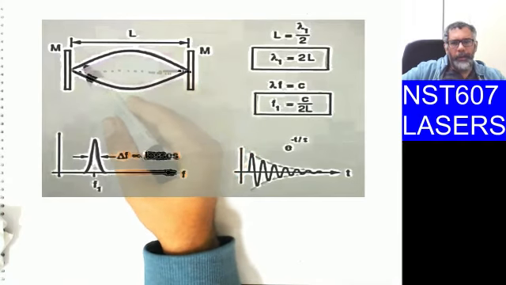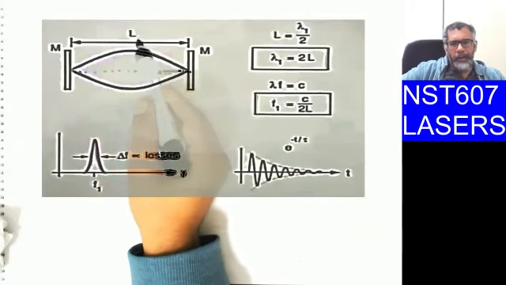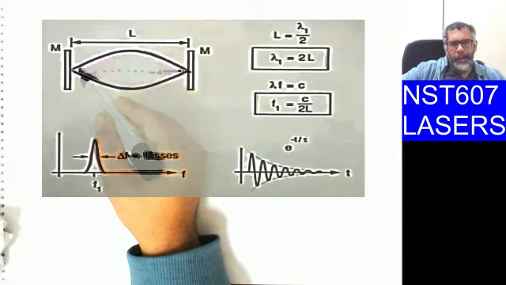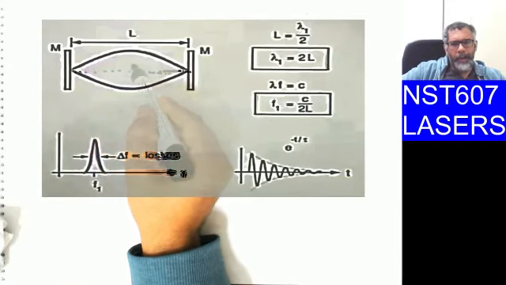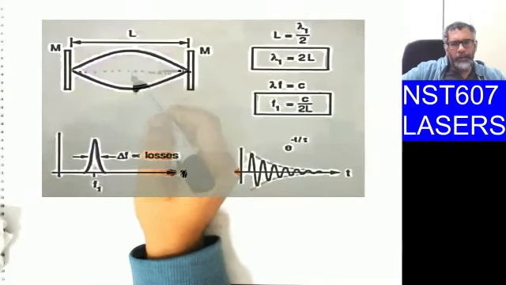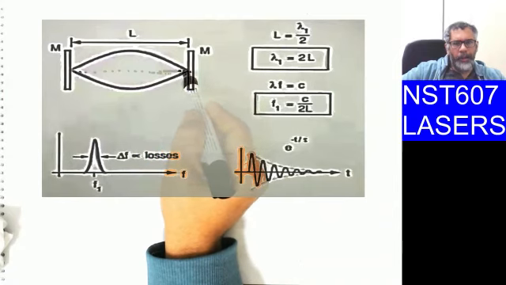But at the point of the mirror, the electric field is always zero. It never gets a non-zero value. Towards the midpoint, the electric field amplitude gets maximum, and if you approach the other side, the amplitude gets to zero again.